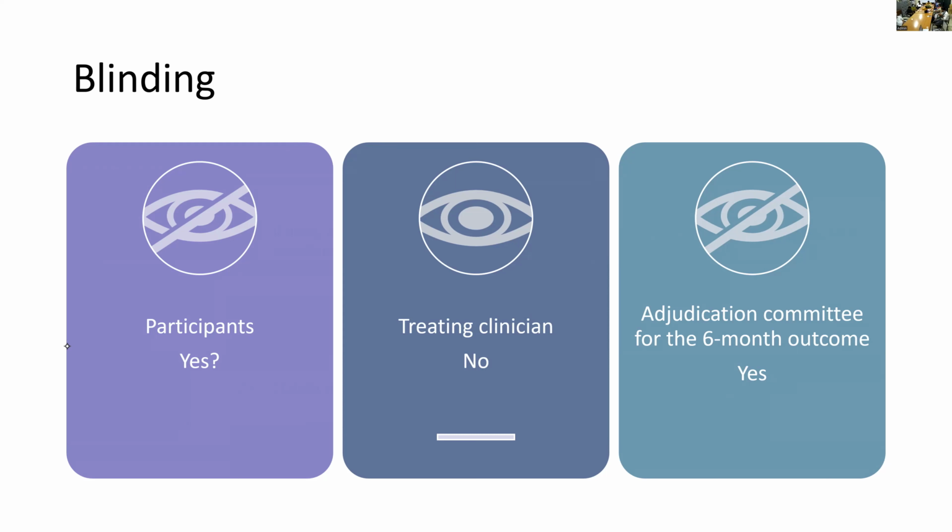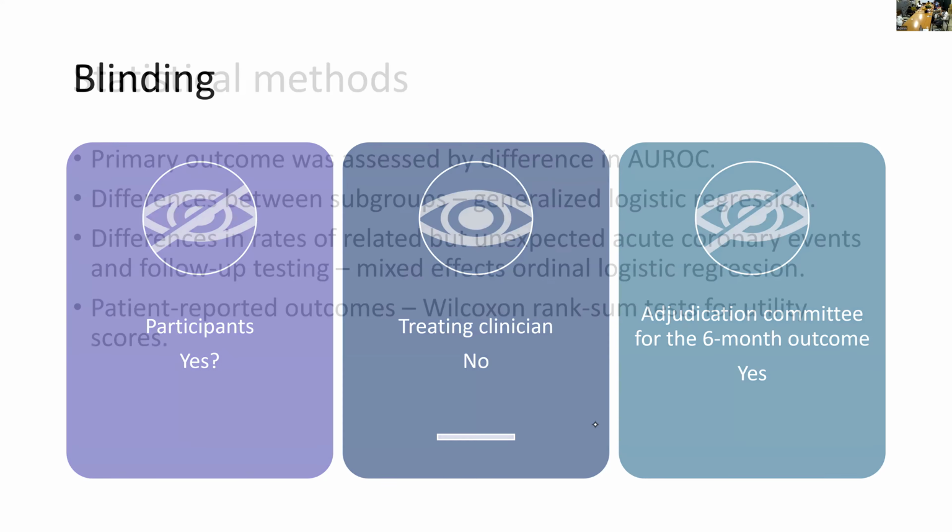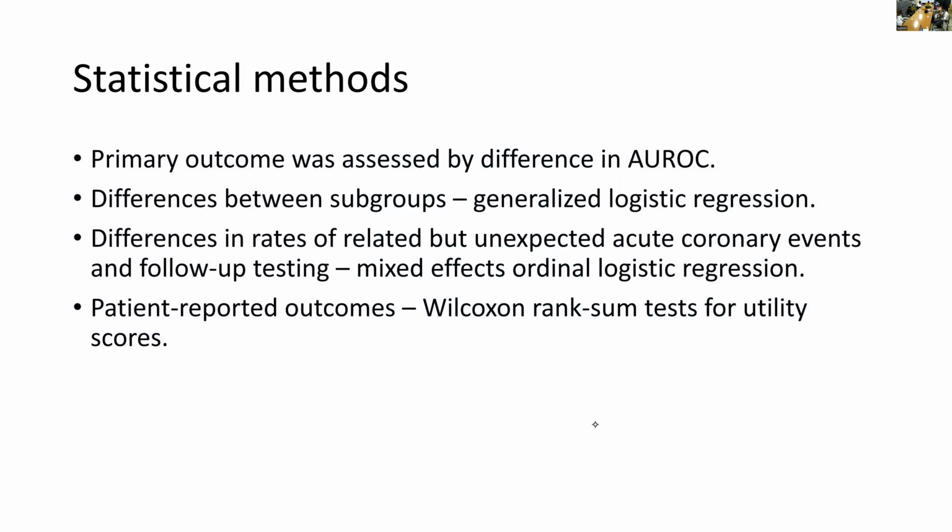Then the adjudication committee determined whether within 6 months somebody had ACS, right? So that team was blinded. Then the statistical methods: the primary outcome was the difference in area under the ROC. Area under the ROC is used for any diagnostic test. Our diagnostic test here is the standard decision-making pathway: can it distinguish between yes or no coronary artery disease?